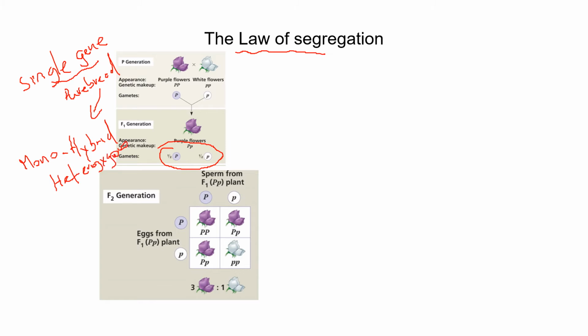This is important, and later when you self-pollinate these plants, so you cross the heterozygous of this generation with the heterozygous, you are going to get this pattern of 3 to 1 of the dominant and the recessive. And this type of cross is a monohybrid cross.